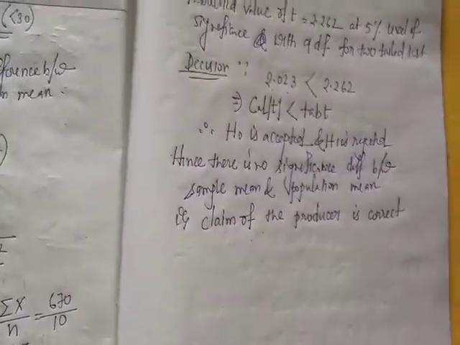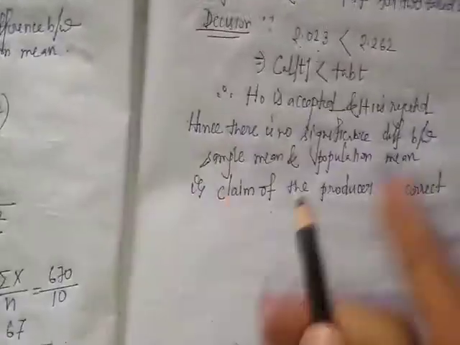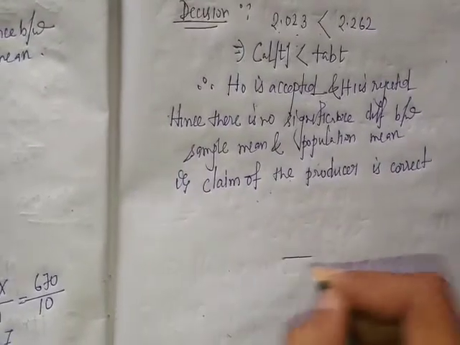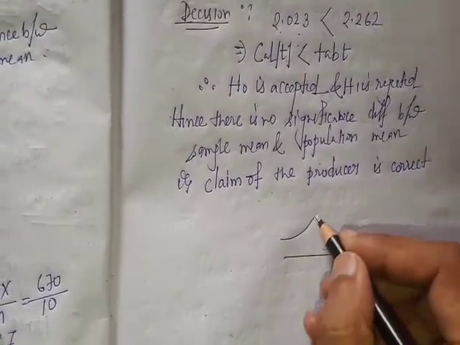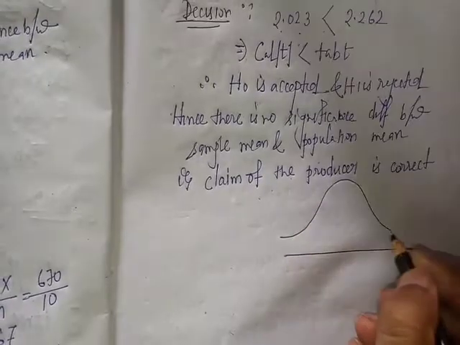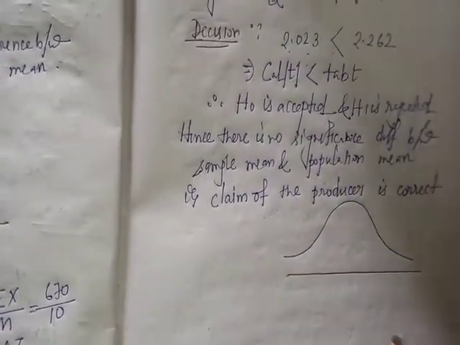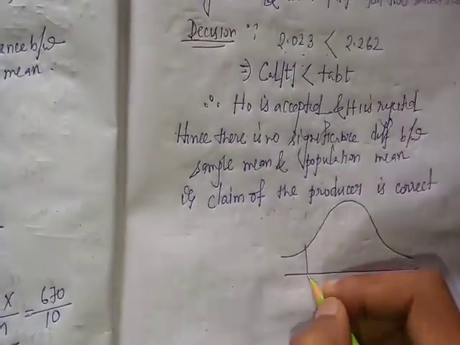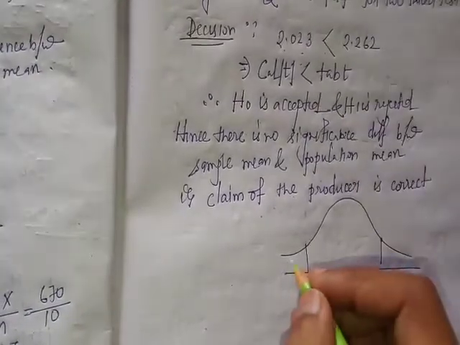Now you draw this figure. This is for a 2 tail test. For a 2 tail test, error will occur on both sides.